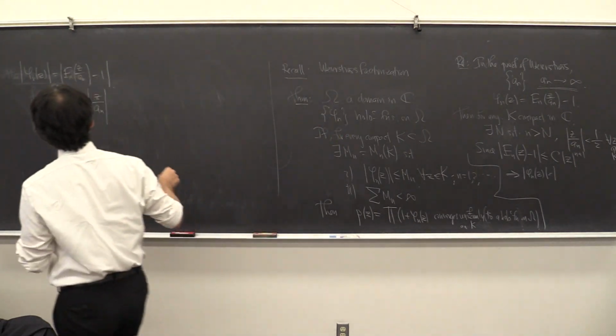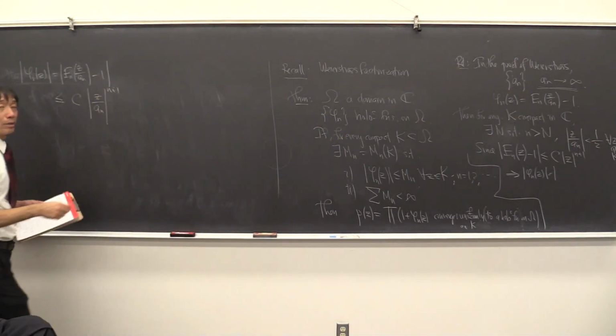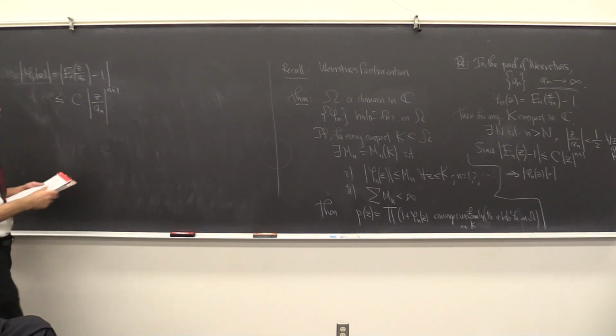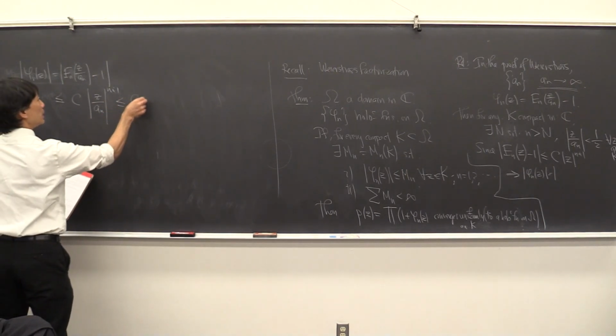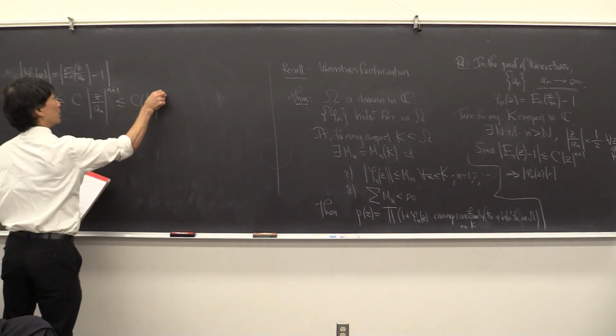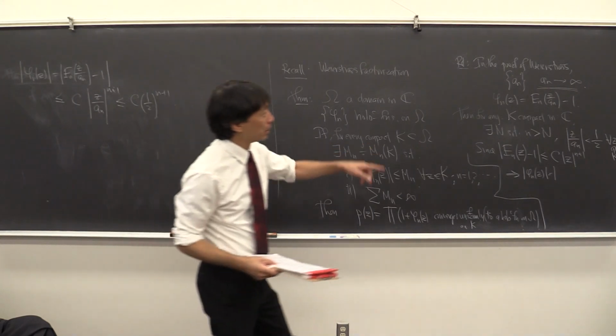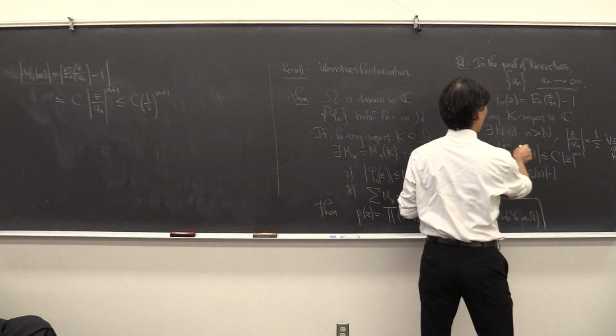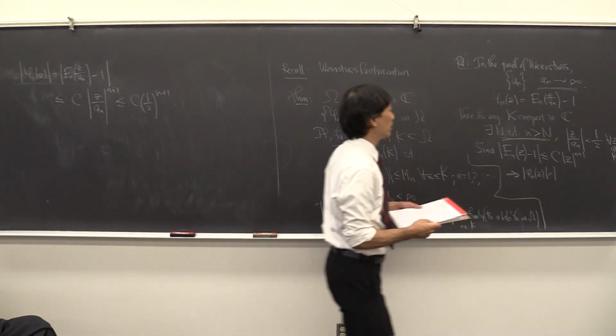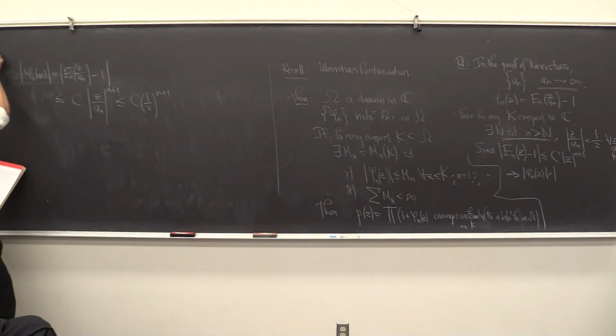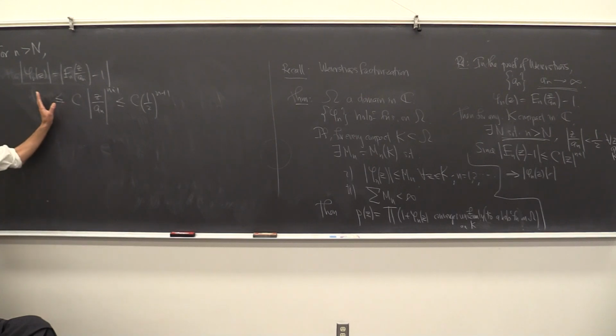But that's smaller than c times 1/2 to the n plus 1, by our choice of n. So for n bigger than that n, we have this bound.